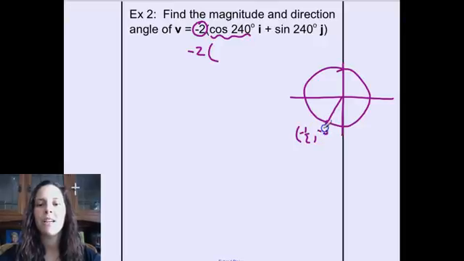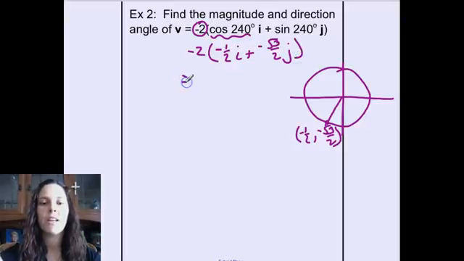Sine would be -√3 over 2. Substituting those values in, and distributing that -2, we get 1i plus square root of 3 j for our vector.